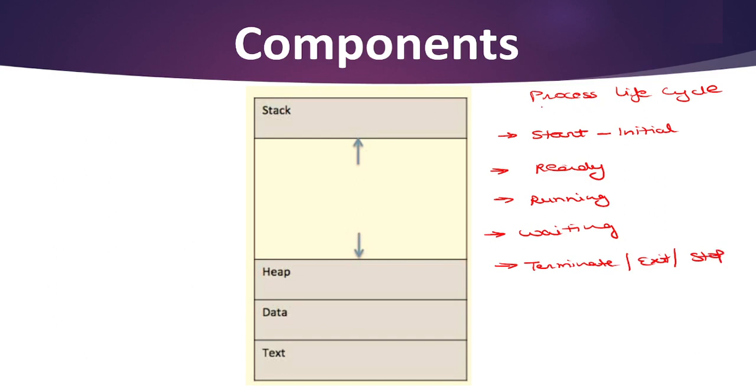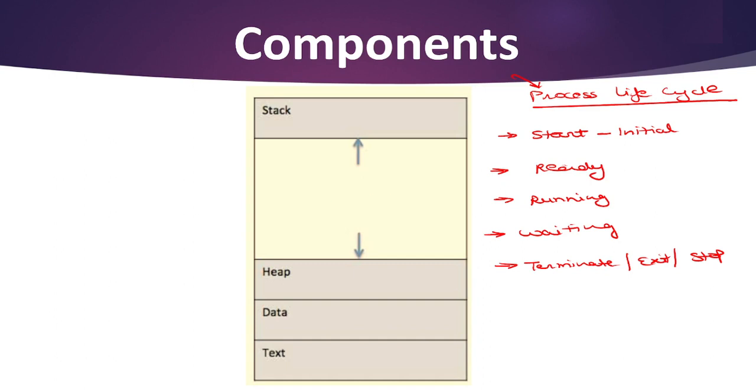So this is a very important topic. In process life cycle we have basically 5 stages. First is start, that is initial stage. Another is ready, running, waiting, terminate, exit, or stop. So all these are very important.